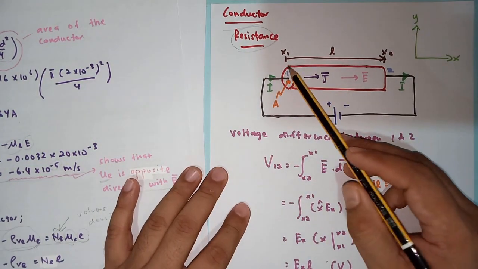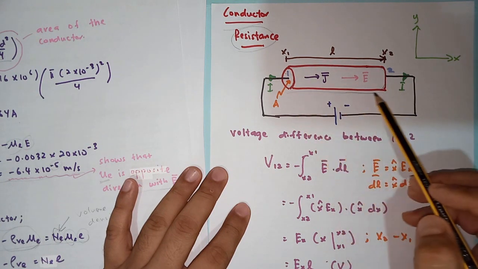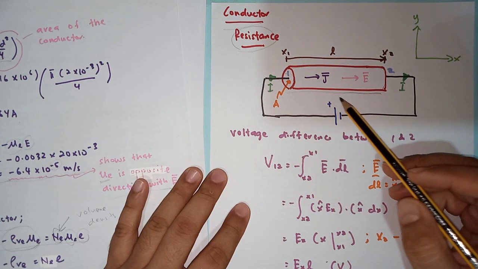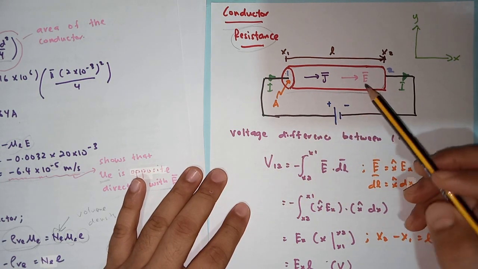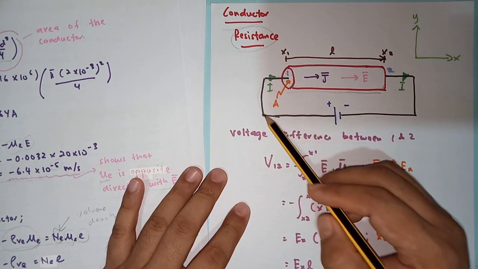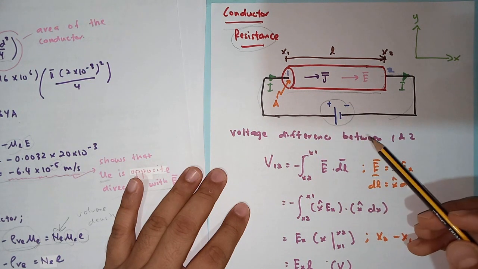Let's say we have the same conductor as what we had just now. We can apply an external electric field by connecting the two ends of the conductor to a voltage source.